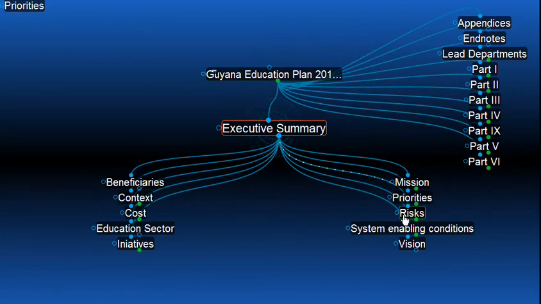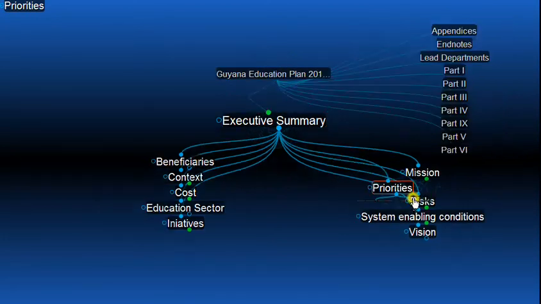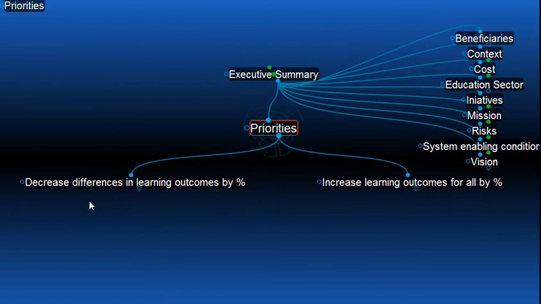It identifies the priorities: decrease differences in learning outcomes for all students by, well, decrease completely, but this is a measurable priority by a certain percent. We are midway through the Guyana Education Sector Plan based upon the timeline, and we have not yet achieved 50% of implementation of most of the initiatives.